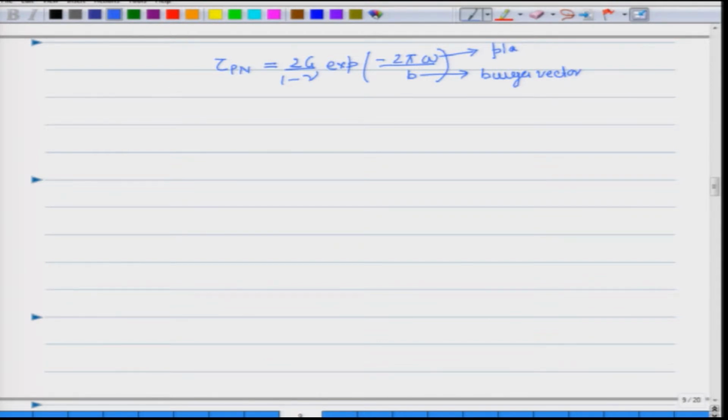If we write in-plane spacing, then this will become a. So, w is a by 1 minus nu. So, a becomes the planar spacing.